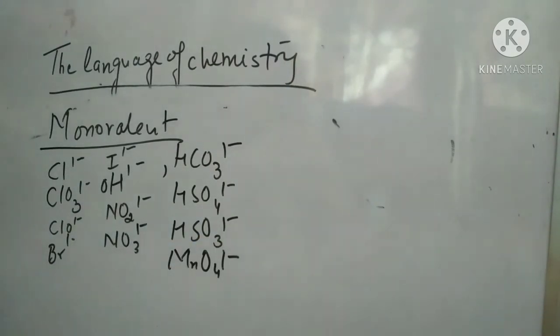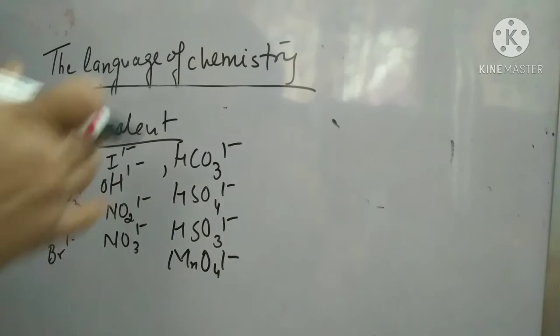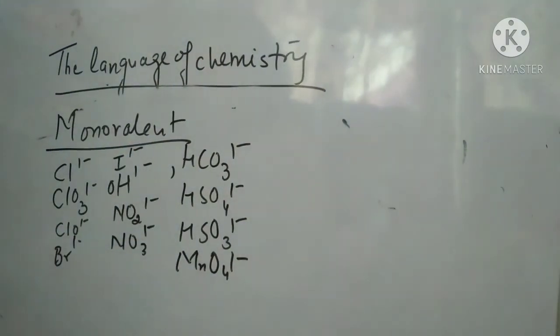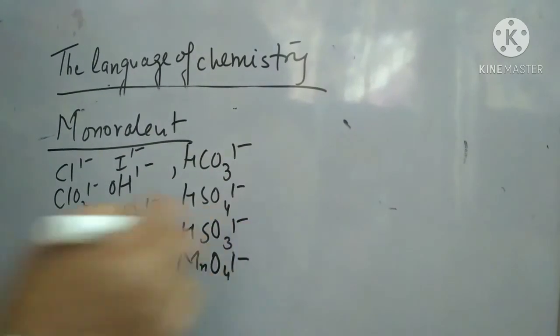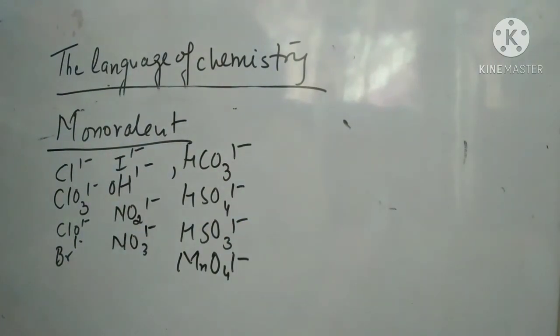So all these are negative radicals having 1- valency, so they are known to be monovalent.